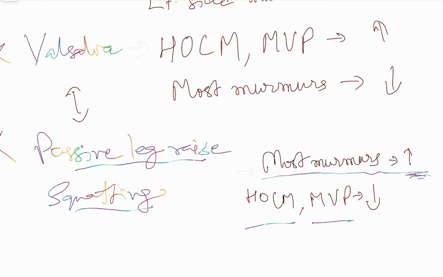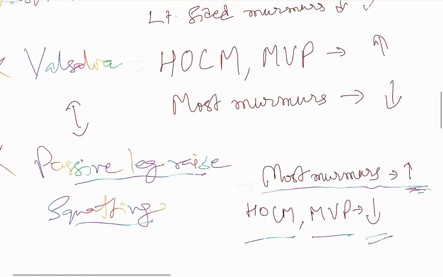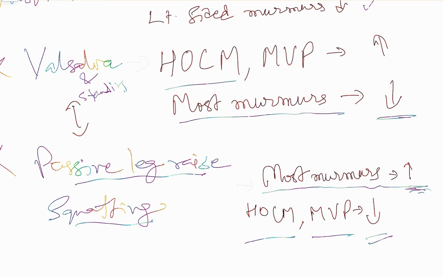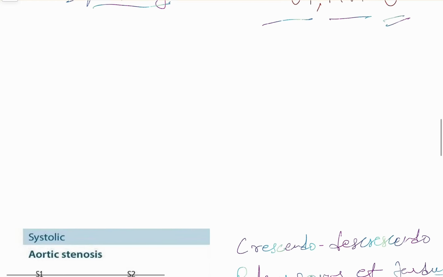These both will decrease. And the opposite of this will happen in Valsalva and standing. Here most of the murmurs' intensity would decrease for the obvious reason, whereas the HOCM and mitral valve prolapse murmurs' intensity will increase. That's as easy as it gets.